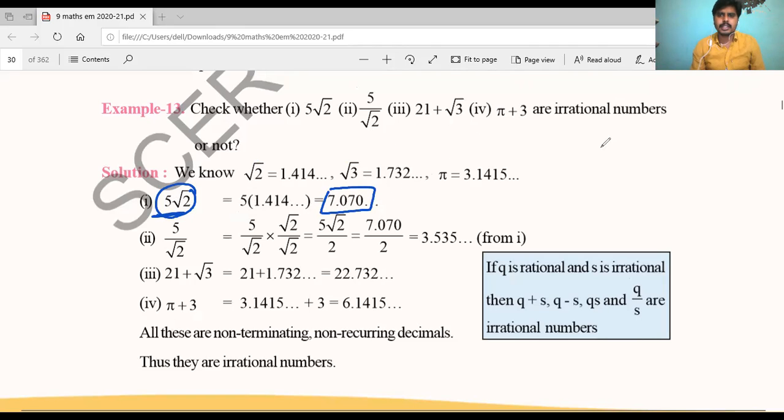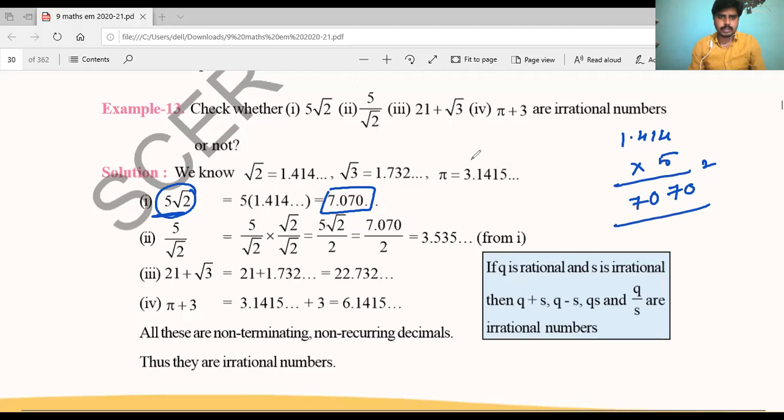How do we multiply? 1.414 into 5: 5 fours are 20, 5 ones are 5 plus 2, 7.